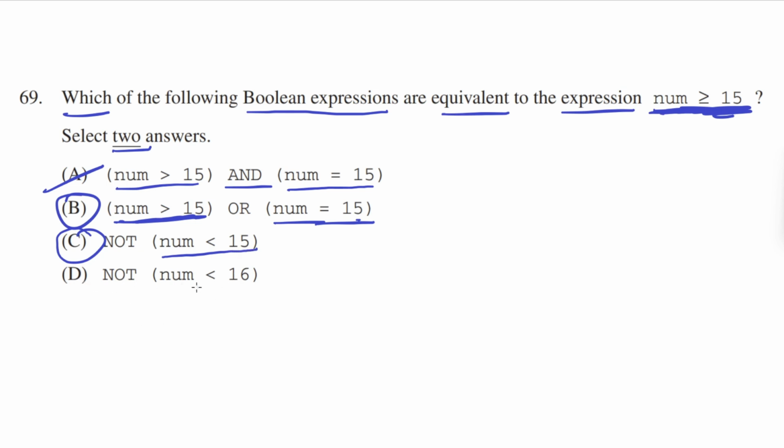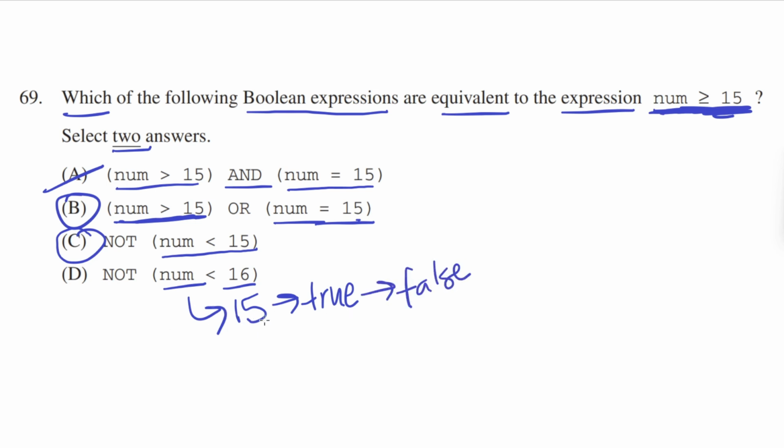D says not num less than 16. So num less than 16, so that means when num is equal to 15, this evaluates to true because 15 is less than 16. But then when we apply the not, that turns the true into false.